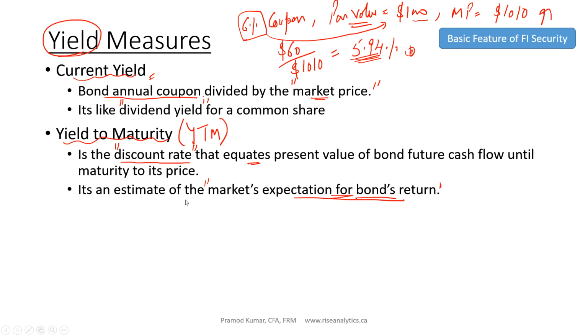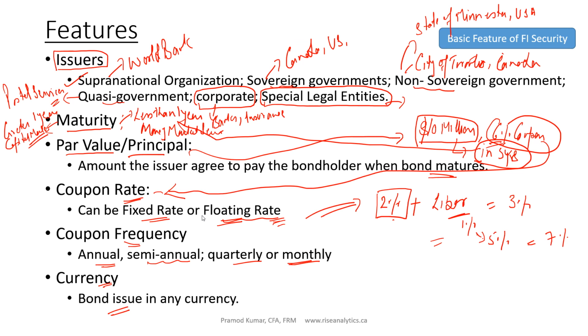We saw what my yield to maturity is, basically just the discount rate or the market expectations, and then viewed some of the features of the bond, which are pretty much the basic and important features: the issuer, maturity, principal, coupon rate, currencies, and the coupon frequency as well.